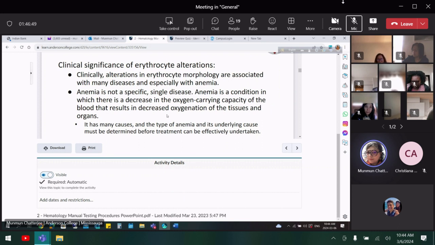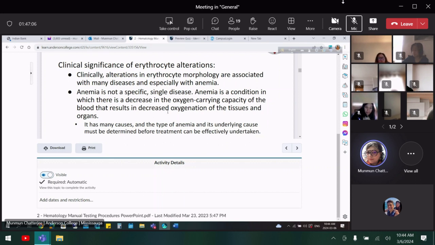It can be caused by anything, but the ultimate problem is the decreased oxygenation and decreased oxygen carrying capacity. And when it's decreased, body tissues and cells get decreased oxygen.